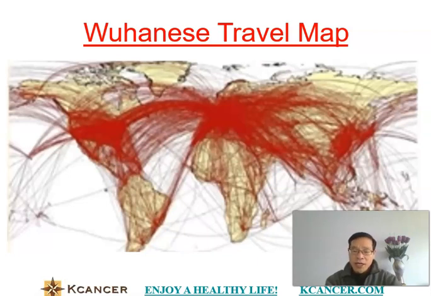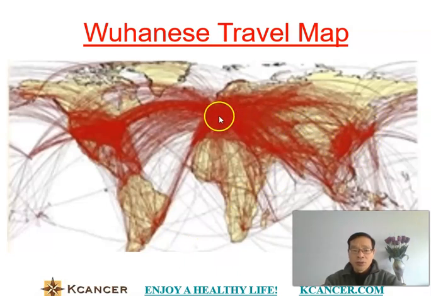So these people who carried the virus first of all went around China, but it is estimated that 60,000 Wuhanese, people from Wuhan, the epidemic center, were traveling internationally. First they traveled from Wuhan to Europe.